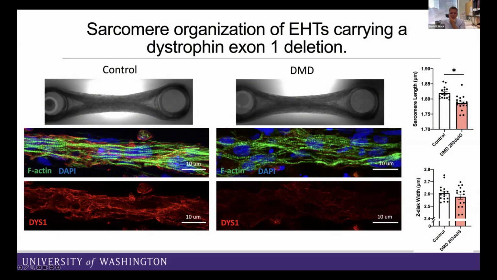Although we do see alignment in the direction of uniaxial tension, the DMD EHTs show shorter sarcomere length, but no difference in Z-disc width. In the absence of dystrophin, you can see here on the lower right, let me get my laser pointer on, you can see an absence of dystrophin in this EHT.